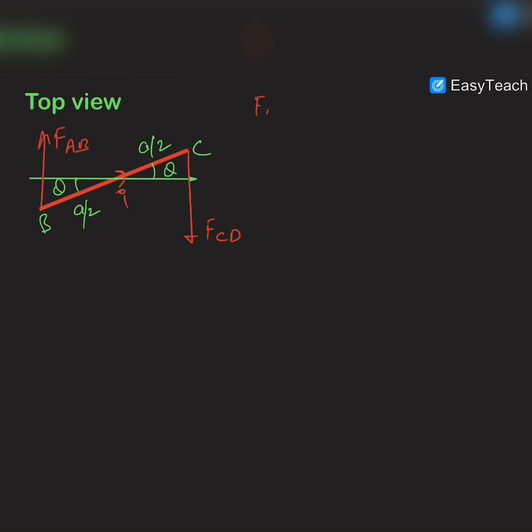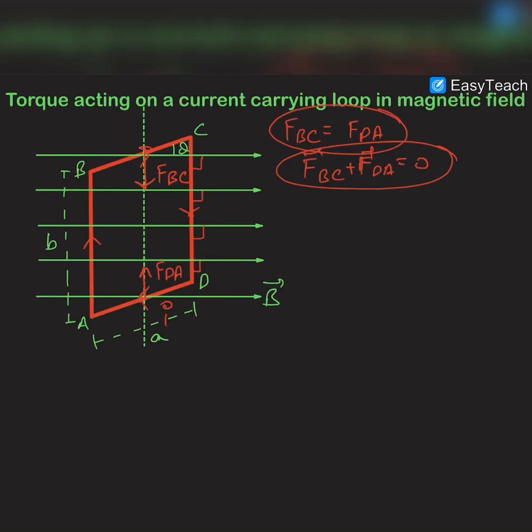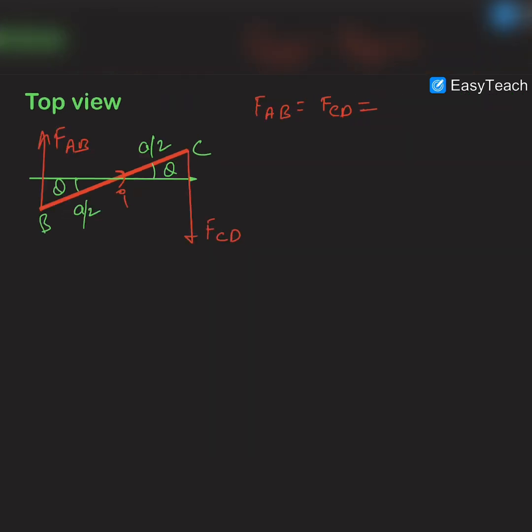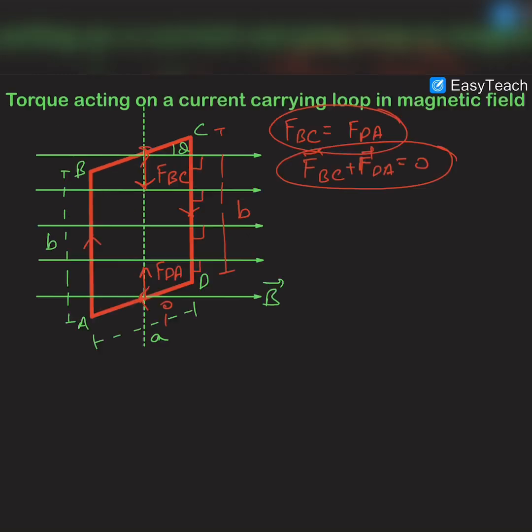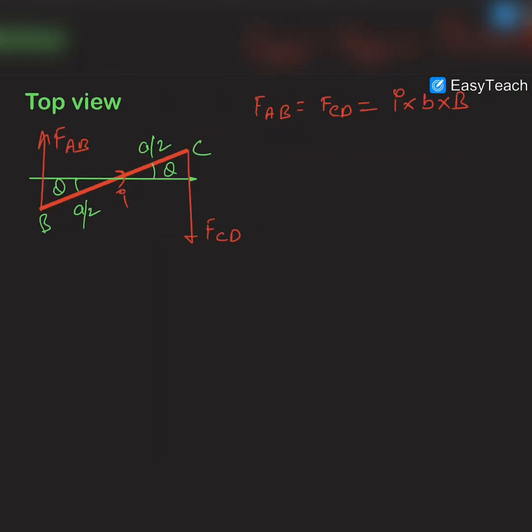Now FAB will be equal to FCD, and if this length is b, then this F will be equal to I L B, where L is b and the magnetic field is B. Here we take the complete net magnetic field, because the net magnetic field is perpendicular to the wire, so we do not need any component of the magnetic field.